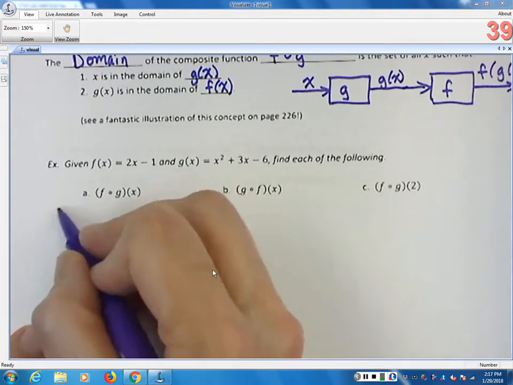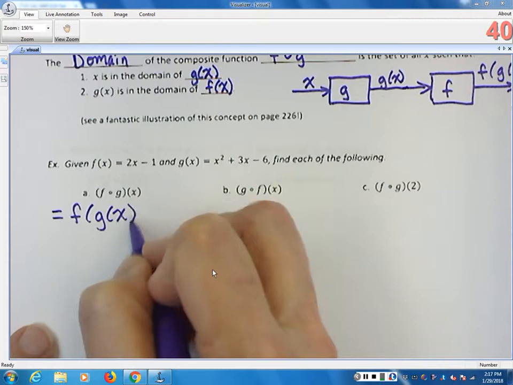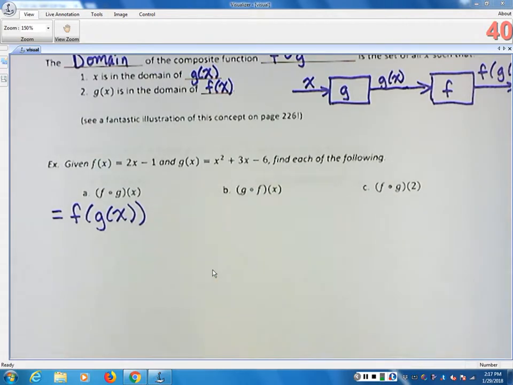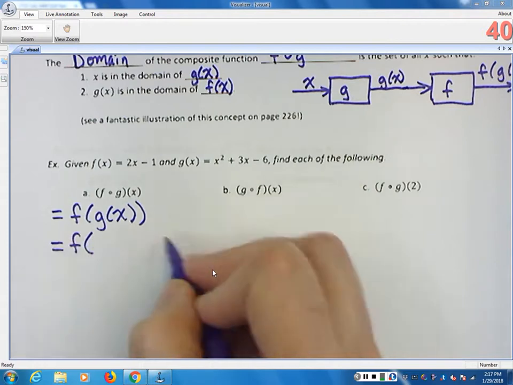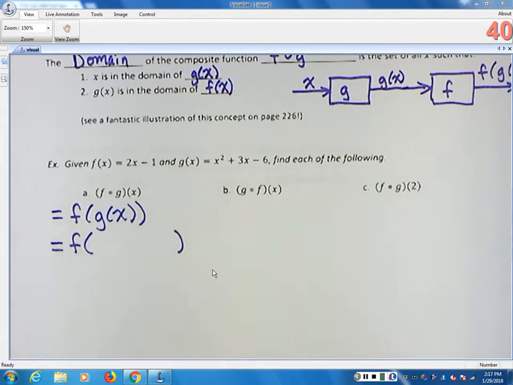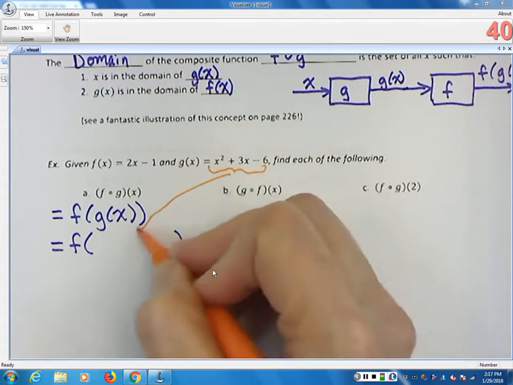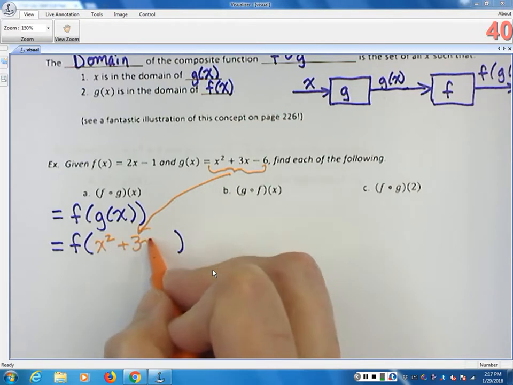It means f of g of x. So replace g of x with what it is. Leave a big space. And we're going to put g of x in there. x squared plus 3x minus 6.